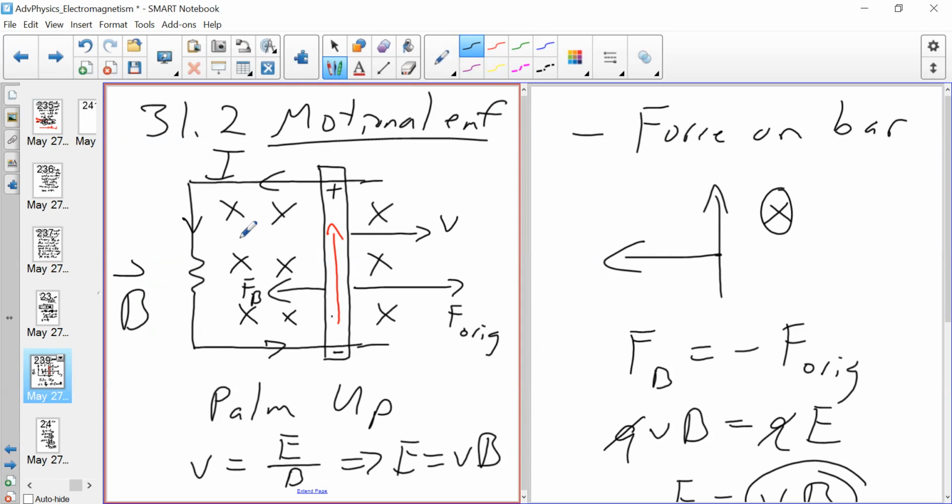Actually, we're increasing the amount of area as we go to the right. Actually, we're increasing both. We're going to increase the amount of field and the area, because the space is going to get larger, and the amount of magnetic field lines will be increasing. So we are going to get a change in flux by increasing the area and the amount of field through that space.